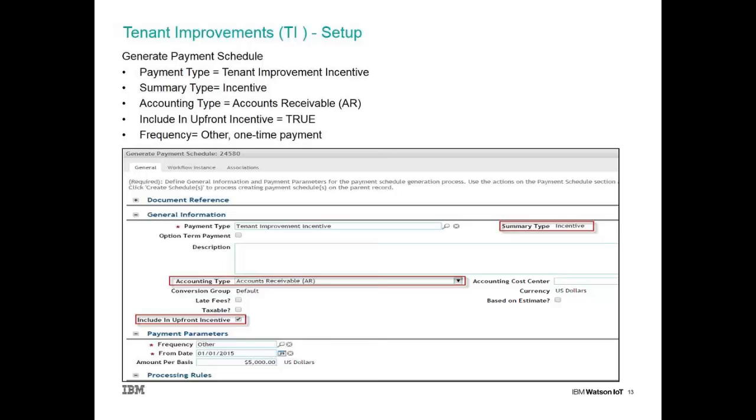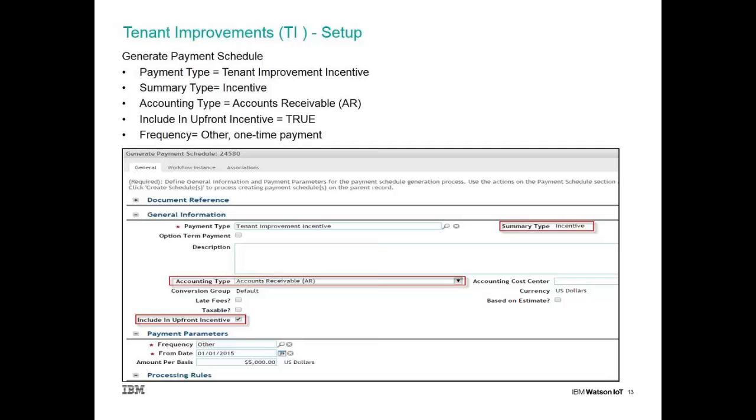If you have the TI that you got from the landlord, you can just add that payment schedule into your lease with the payment type as tenant improvement incentive. Once you do that, the summary type is changed to incentive, and the accounting type will default to account receivable because you receive the money from the landlord.